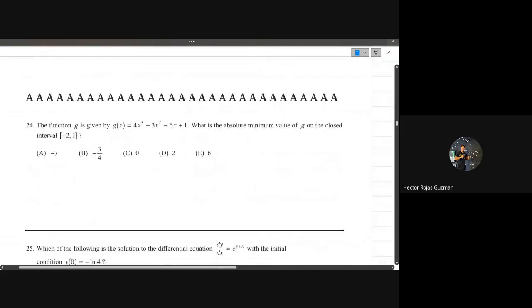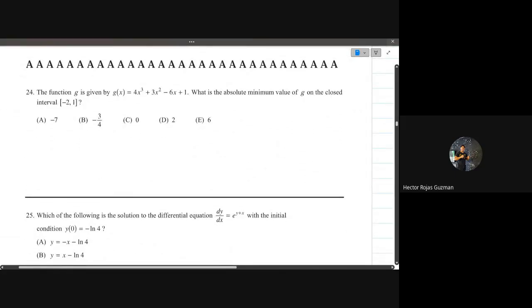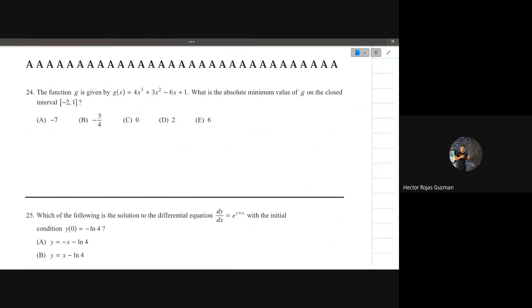Okay, 24, we're almost done. What is the absolute minimum of g? Get our derivative. We set it equal to 0, but I'm also going to factor out a 6. Then we factor it out. 2x, x.